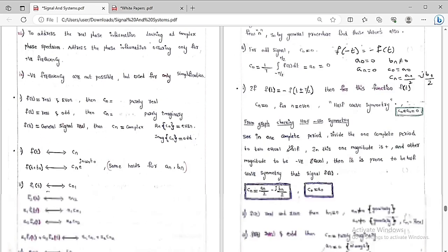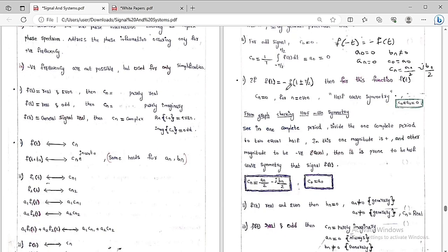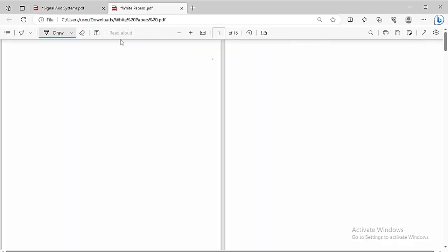And the next point is, if f of t is equal to minus f of t plus or minus T by 2, then for this function f of t, Cn is equal to 0 for n even. It is called the odd half-wave symmetry because C naught is equal to A naught is equal to 0. So what is the meaning of this? I have already told this point, let me discuss here.